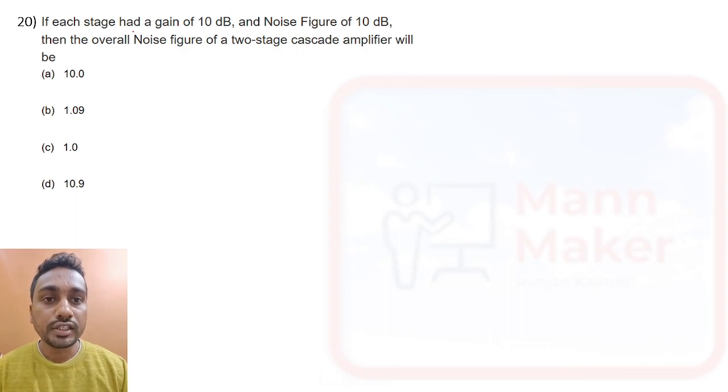If each stage had a gain of 10 dB and noise figure of 10 dB, then the overall noise figure of a two-stage cascade amplifier will be?